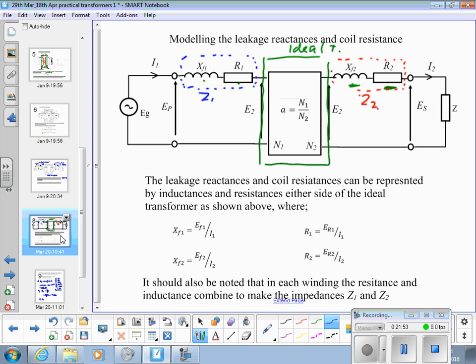The voltage here, E2. No, we're assuming at this stage we've got no resistance in this problem. We're just looking for reactance. So that first voltage we calculated was just the volt drop across that reactance.